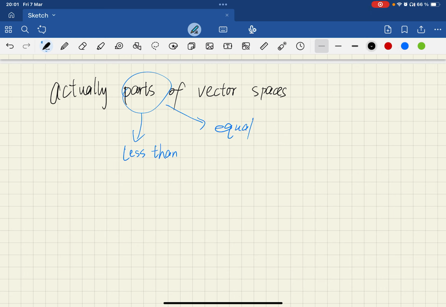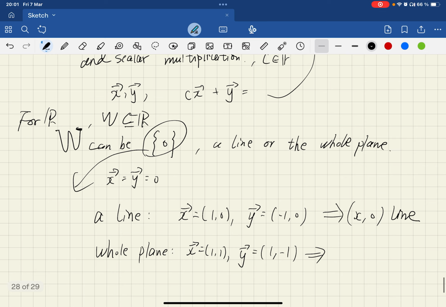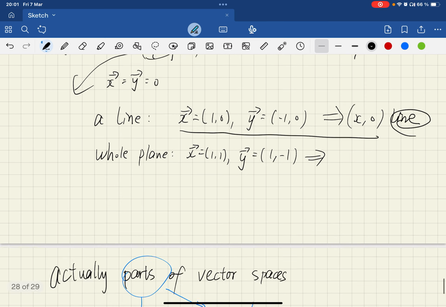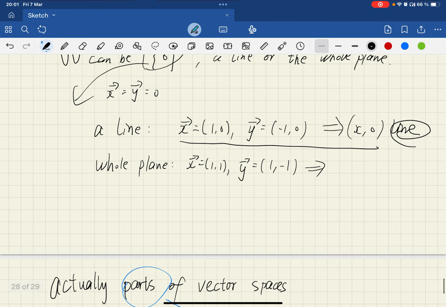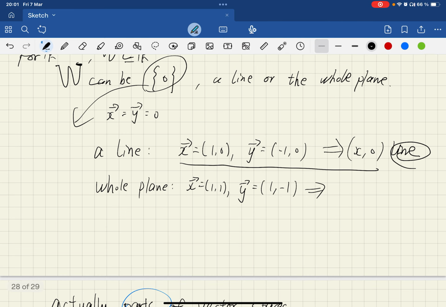So as the vector space, its subspace contains all the combinations. If the dimension is less than it, all the combinations give a line. If the dimension equals itself, all the combinations give the whole plane again.